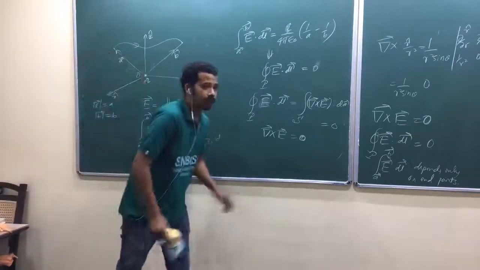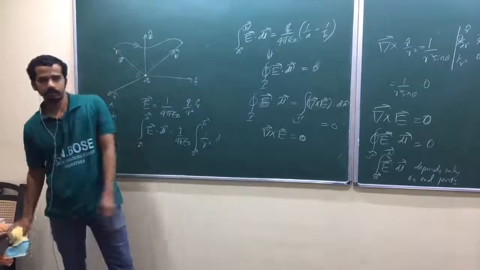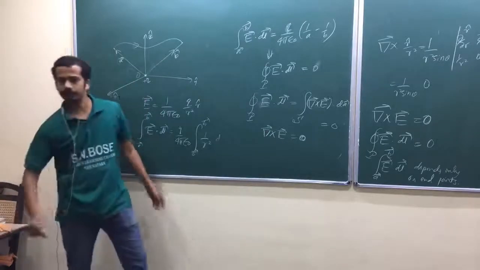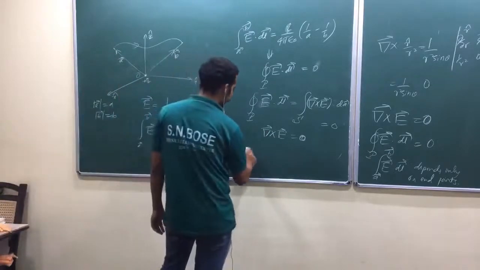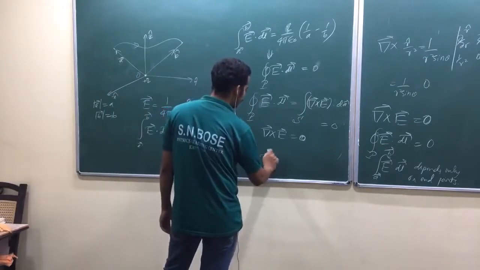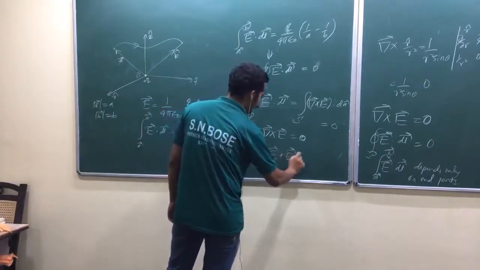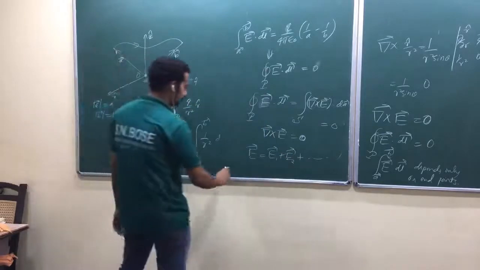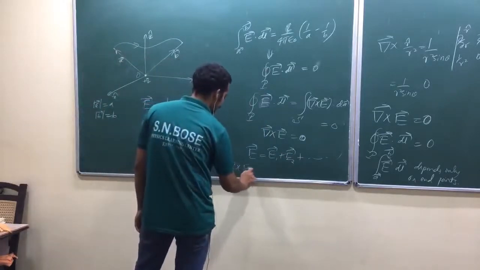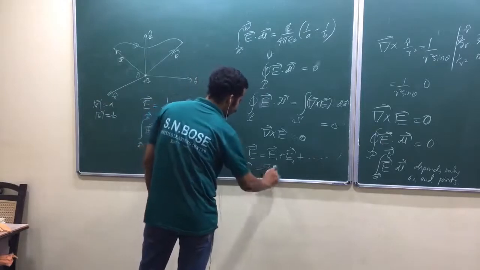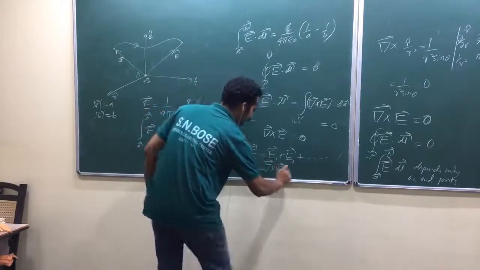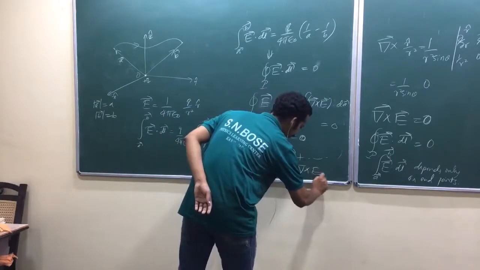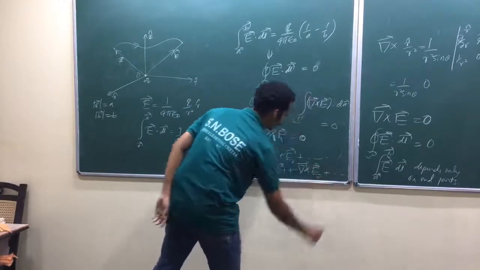So now again, this is for one point charge, am I right? Now you can use your superposition principle. What is that? Suppose I have many charges. Net electric field is like this: E1 plus E2 plus and so on. So then I can take the curl of E, which is the curl due to E1 plus the curl due to E2 plus and so on.